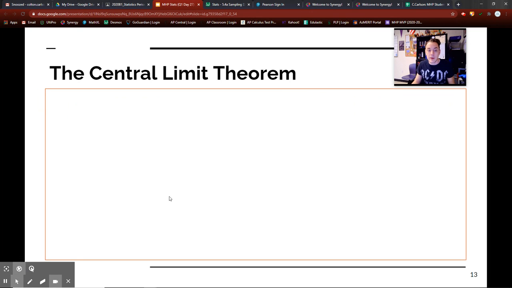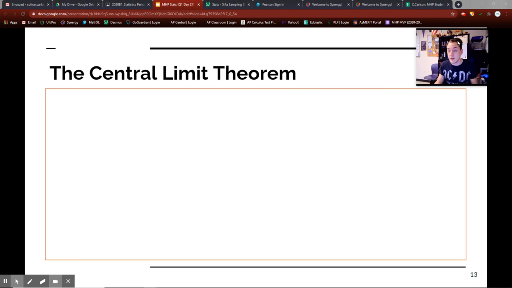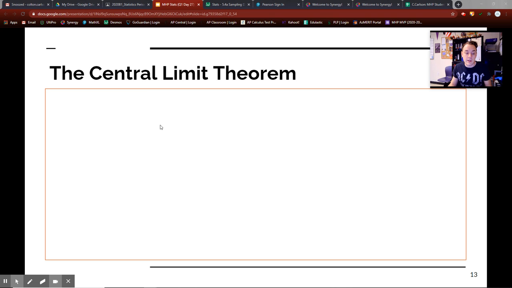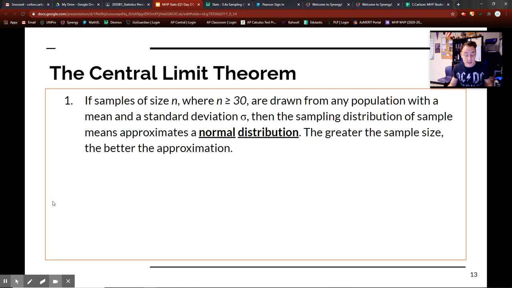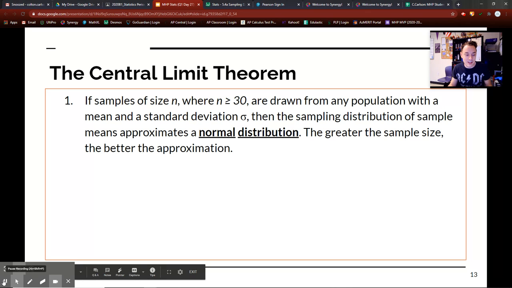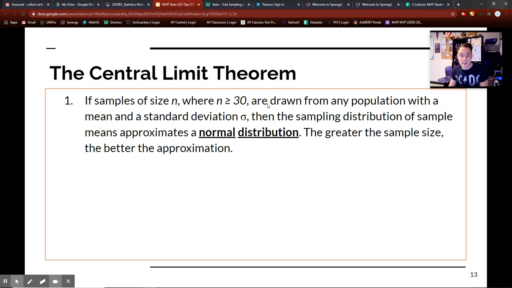So now that we have all that taken care of, let's erase this and get into our next big topic called the central limit theorem. So the central limit theorem, what is it? It's a lot of stuff, so pay very close attention. If samples of size n, so it doesn't matter the size, it could be 100, 15, 5, it could be 30, whatever.